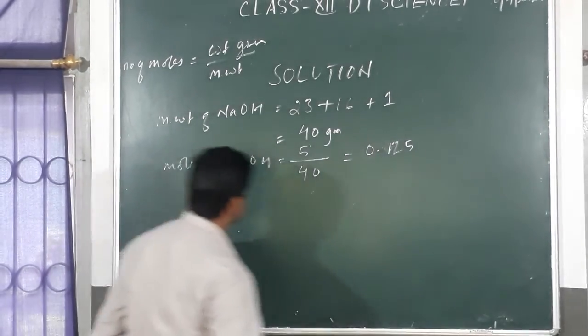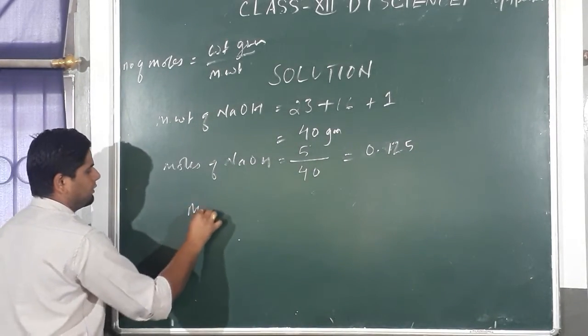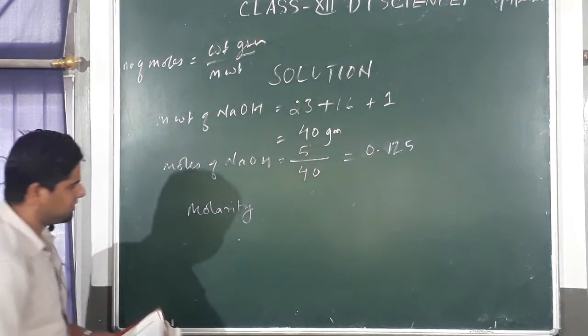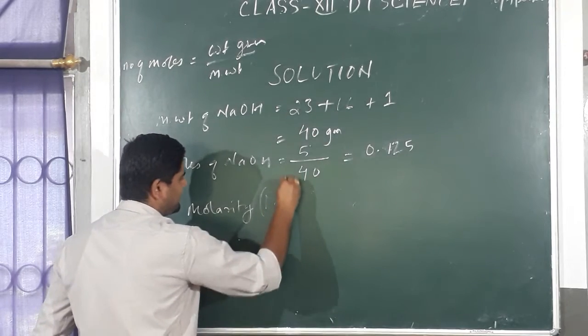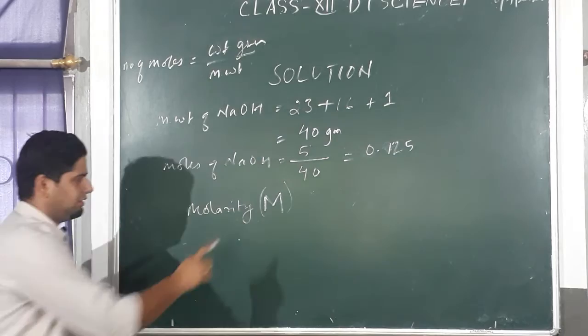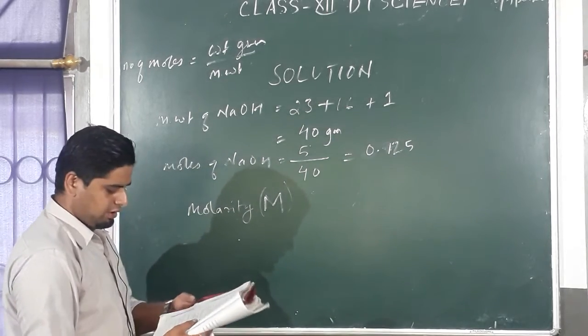Now we need to find the molarity. Molarity is denoted by capital M. If you see capital M, then this is the molarity of the solution.